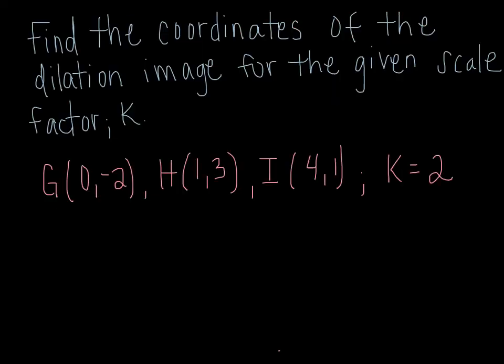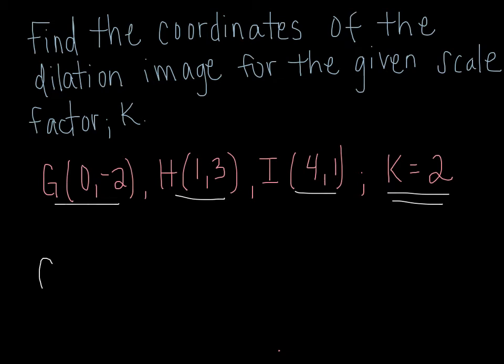This next example, we're going to find the coordinates of the dilation image for the given scale factor k. We're given 3 different coordinates, and our scale factor is 2. Now we talked about what 2 would be. 2 represents an enlargement, so our new points should have bigger numbers because we are enlarging these 3 points.